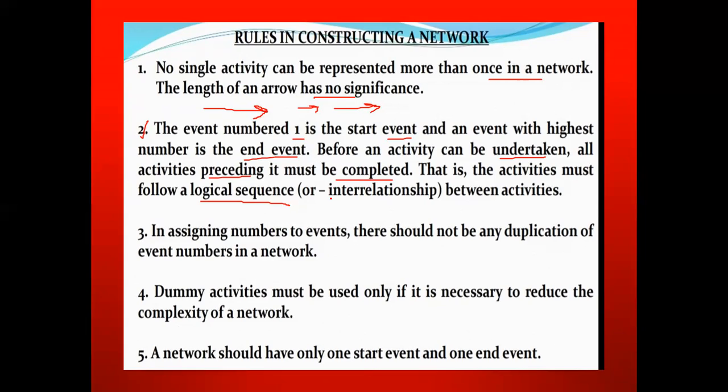So we can use dummy activities, or else there is no problem of using dummy activity or interrelationship between the activities. Third point, in assigning the numbers to the events, there should not be any duplication of the event numbers in the network.